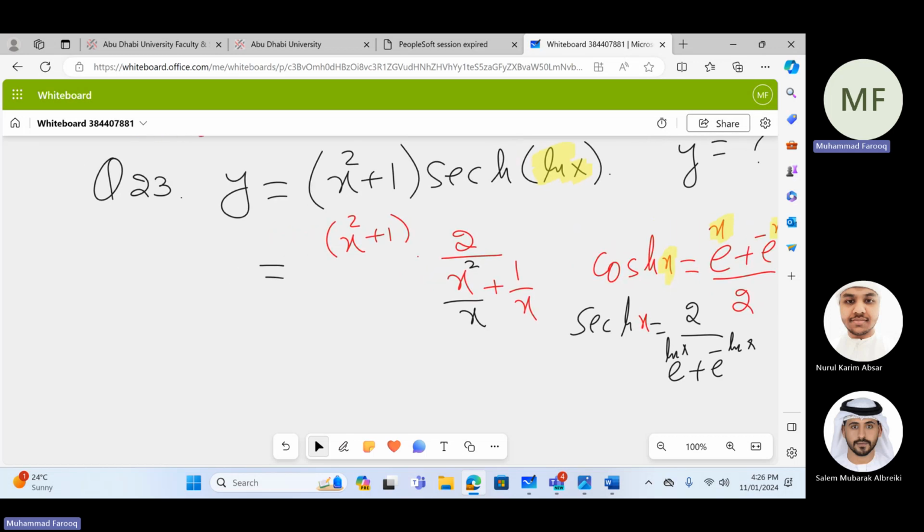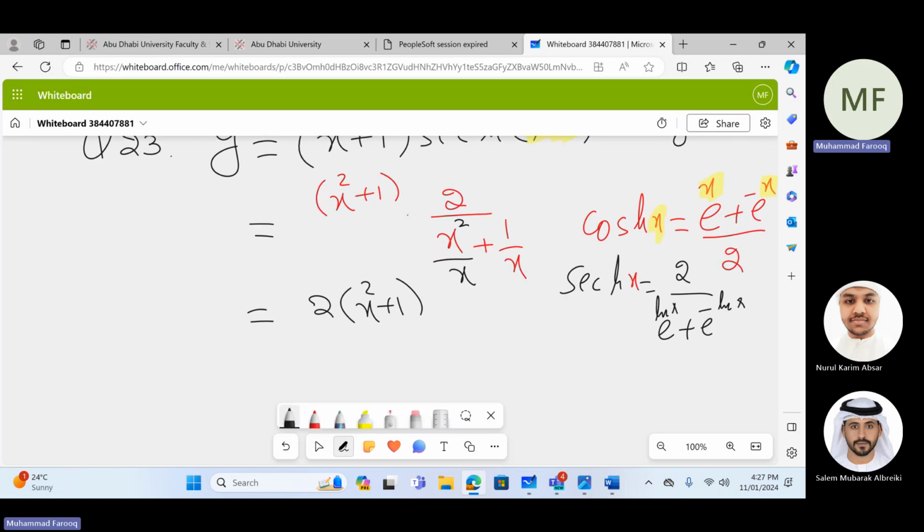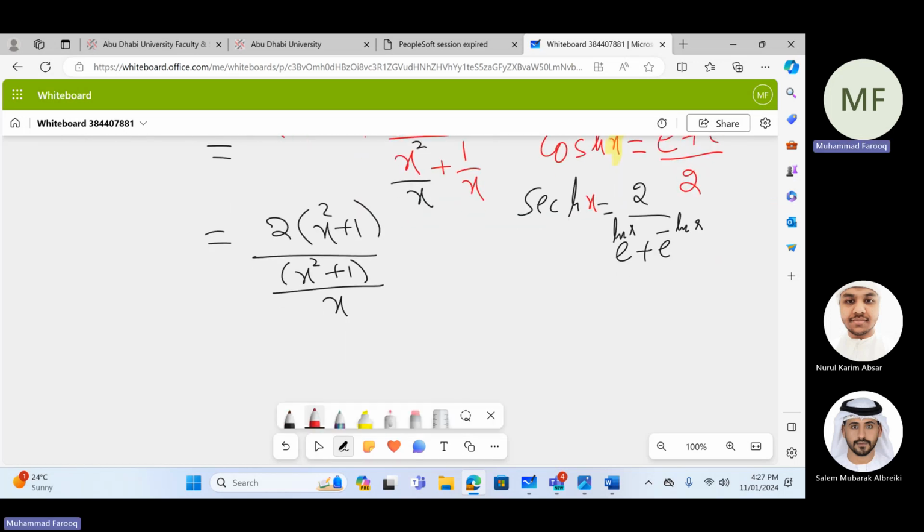So 2 times x squared plus 1, and in the divide I have the common denominator: x squared plus 1, bringing the x. Now this divide changes, so it's x divided by x squared plus 1.